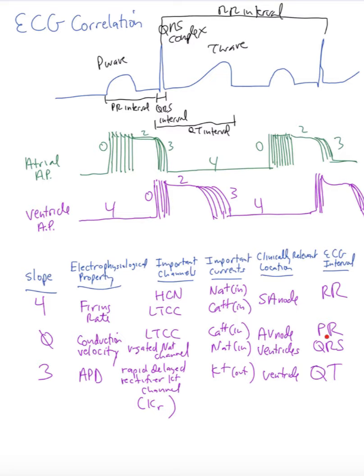So these are going to be inversely related. If the AV conduction slows down, the PR interval goes up. If the AV conduction goes up, the PR interval goes down. And if I look at the ventricle conduction, phase 0 is lined right up with this QRS interval.